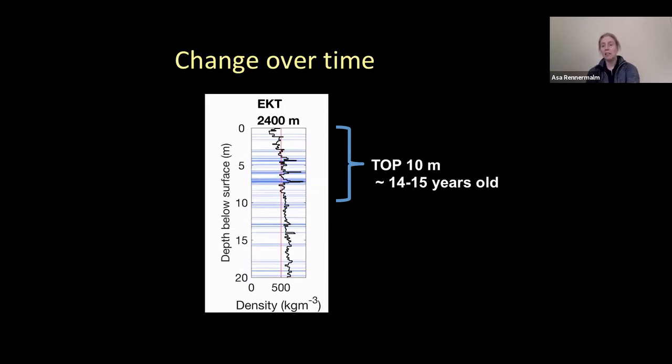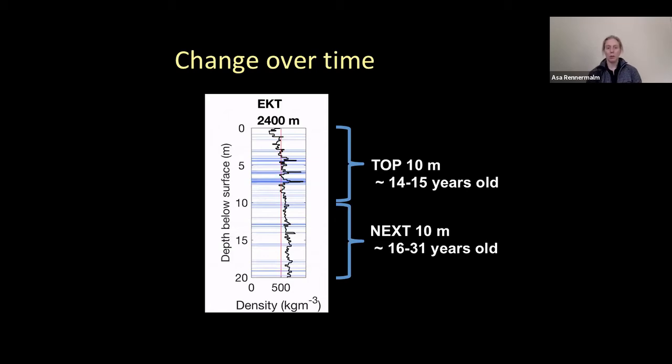The top 10 meters of each core is representative of roughly 14 to 15 years prior to the coring. And if you go down to the next 10 meters, that firn is between 16 and 31 years old. So it's slightly more years than the top part, but not so much.